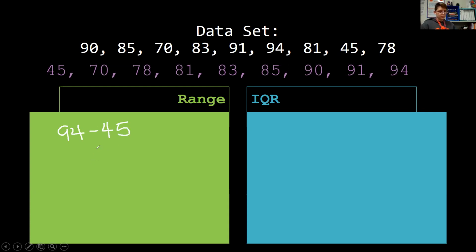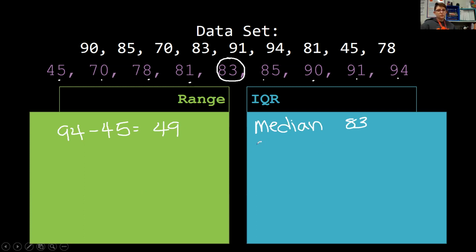So 94 minus 45 gives us a range of 49. For the IQR, we're going to start by finding our median. That's the number in the middle. I'm going to mark them off with dots, as is my preferred method. And I see my median is 83.